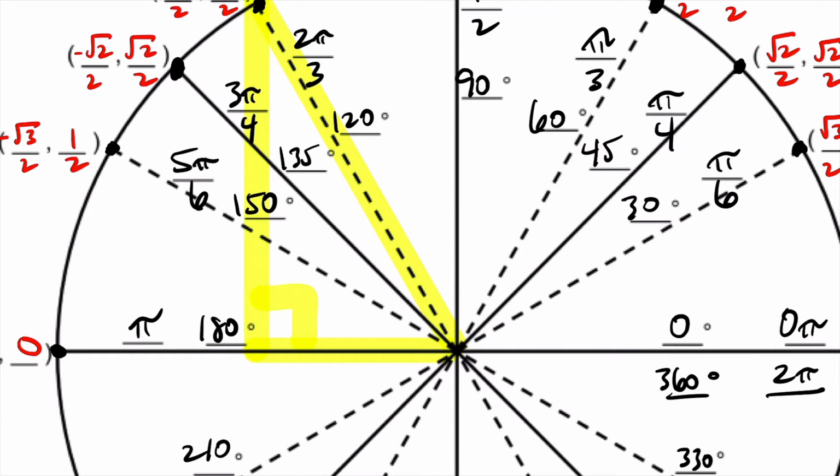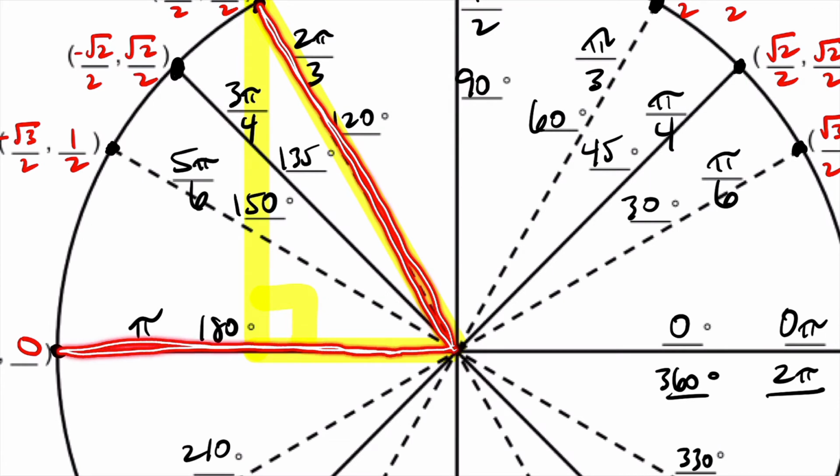How do we know it's 30 and 60? Well, reference angles, right? Reference angles from 180 to where we're at right now. It said 120, right? We're at 120. The reference angle is from 180 in quadrant 2. That's this angle right here.